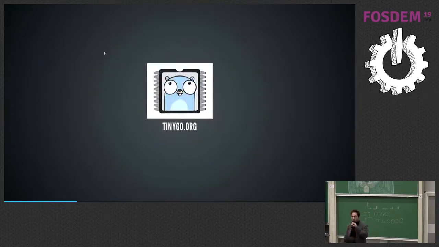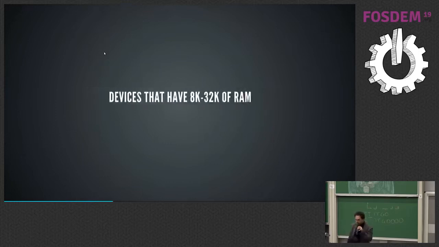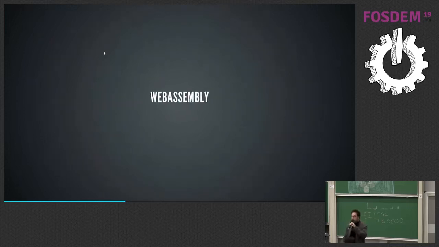But today I'm here to talk about a really cool new project that I've been collaborating on with my colleague called TinyGo. So it's a Go for small places, really small. We mean microcontrollers, in other words, devices that have between 8K and 32K of RAM. I did not say megabytes, I said K, 1,000, small, right? Or WebAssembly, but we'll get to that in some other future time.